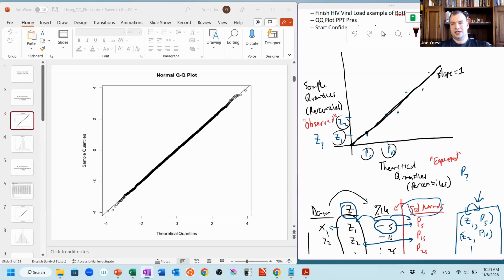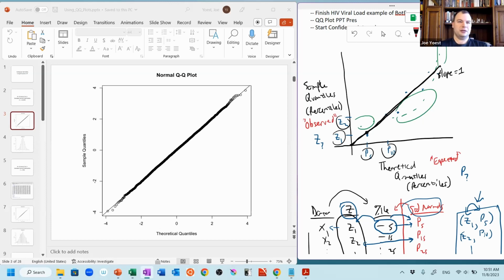If they were to instead deviate from this line in a way that's substantial, or where there's a pattern, like say high, low, high, then I would be skeptical. I would say that I think that there's a lack of normality here.